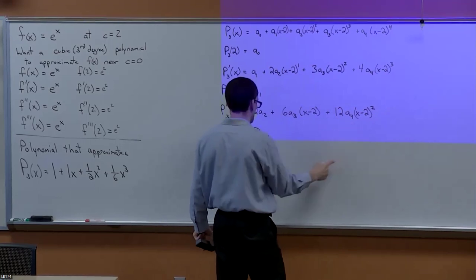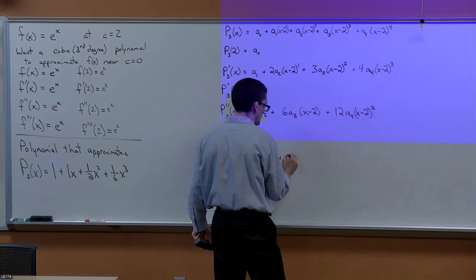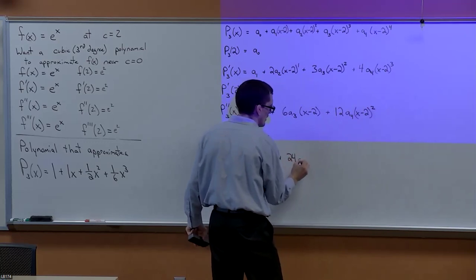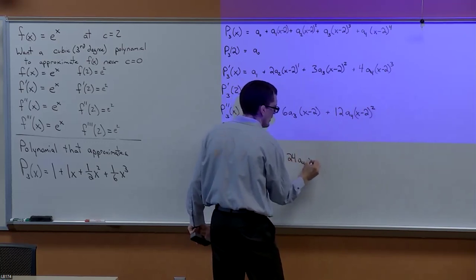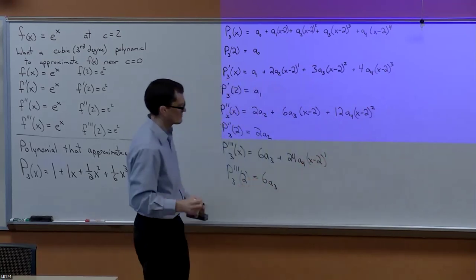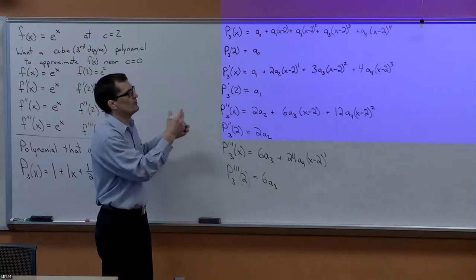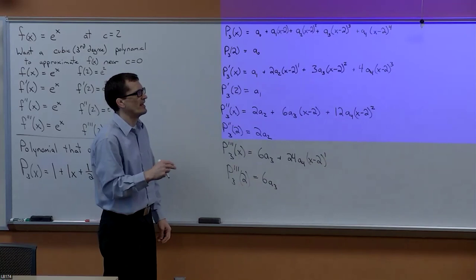When I take a derivative of that, I'm going to have 2 times 12, that's 24, a4 times x minus 2 to the first. And if we wanted to do a fifth degree, we could do the same thing.